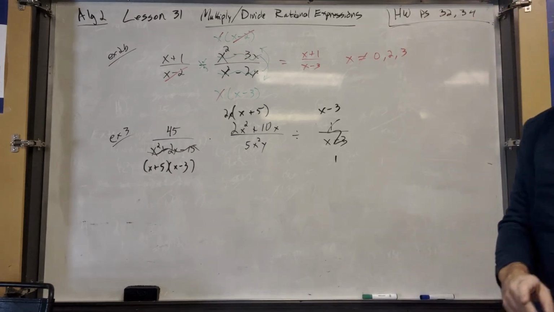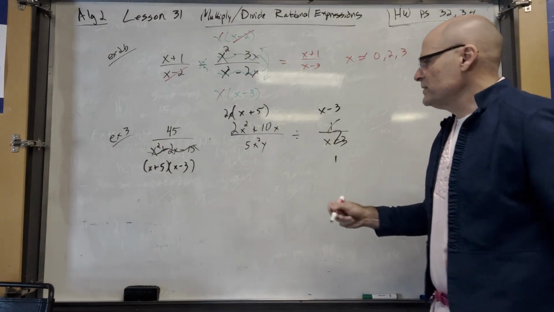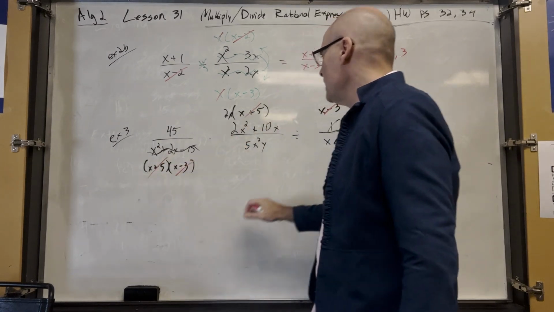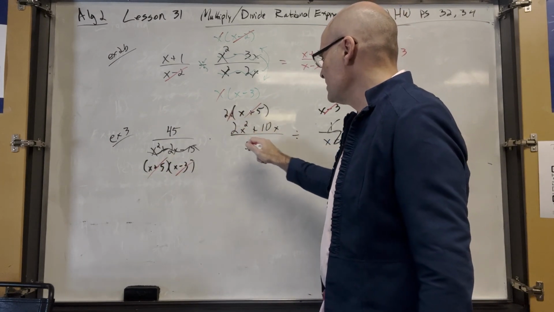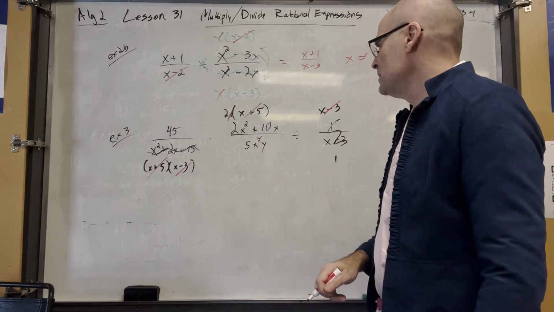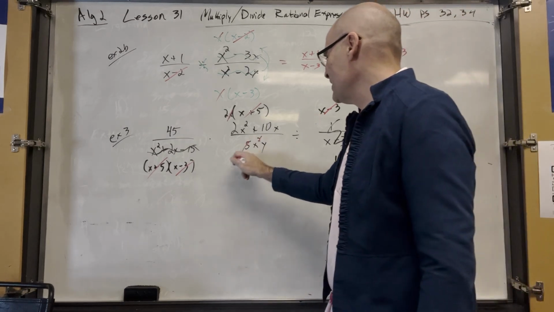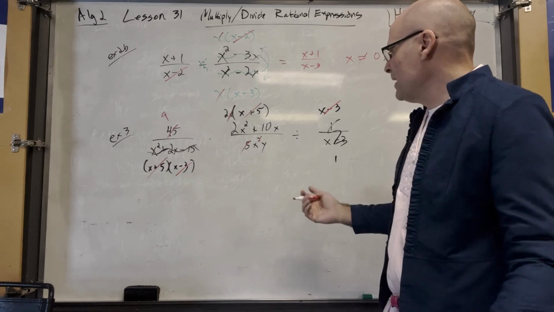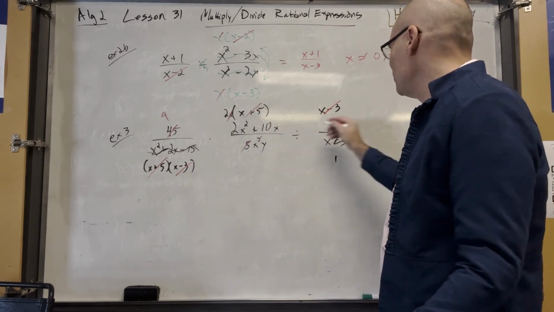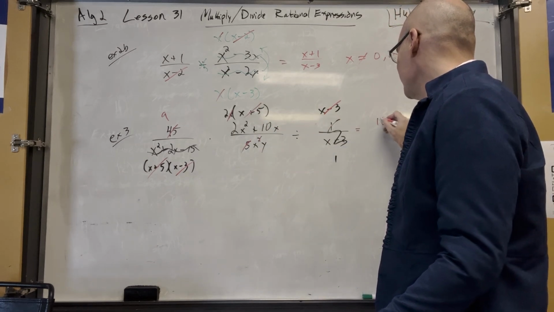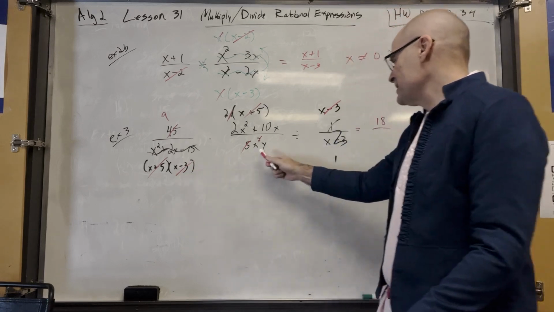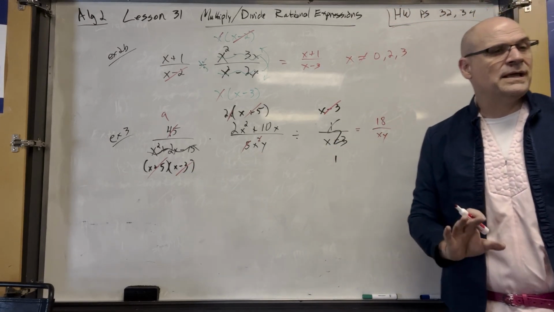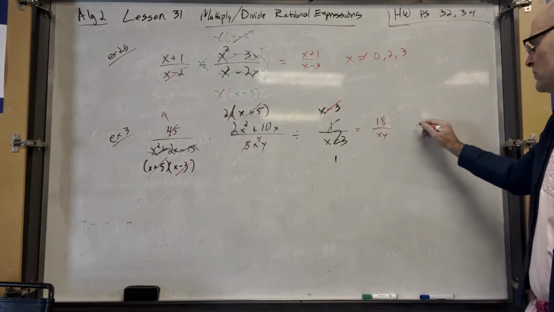This x minus 3 can cancel, this x plus 5 can cancel, one of these x's can cancel with one of those, and this 5 can cancel with the 45. I'm left with 9 times 2 on the top, which is 18, and x times y on the bottom. So this is the right answer, but what else do you need to do?